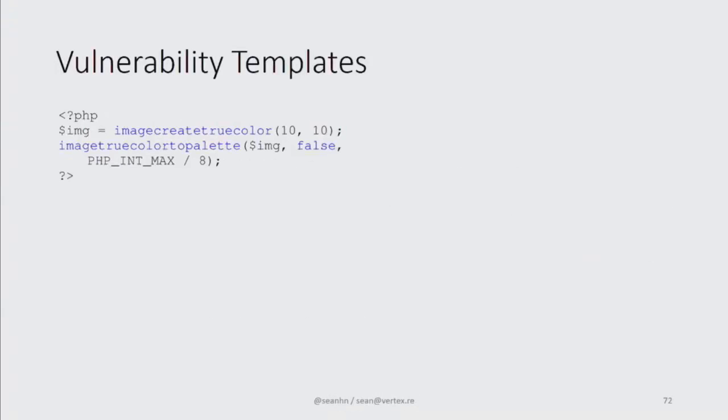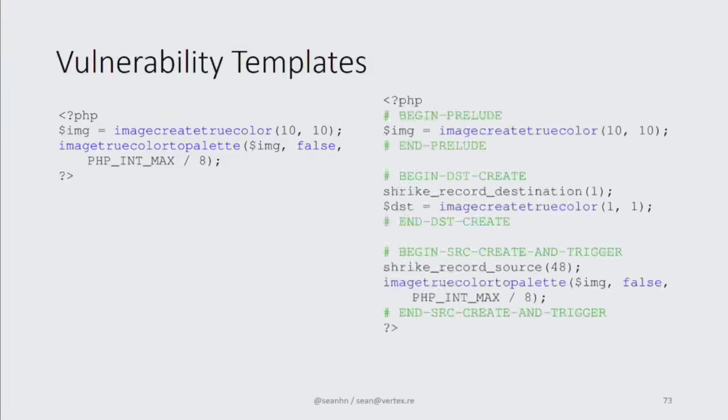So what they look like is as follows. This is from a PHP bug report. It triggers some overflow in the second function here. So what we will do is we will take whatever our vulnerability trigger is, and we will construct a template that looks like this. The template has a prelude, which is just some things that need to happen. It then has something for creating the destination, which is the thing we're going to want to corrupt, and finally it has a vulnerability trigger.